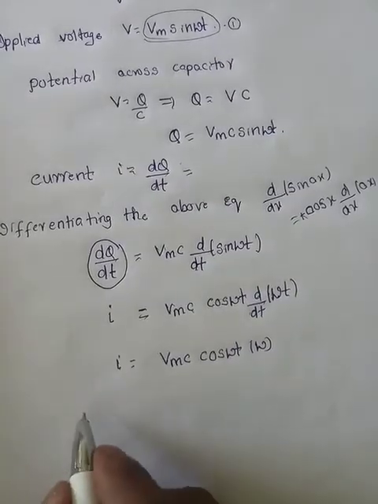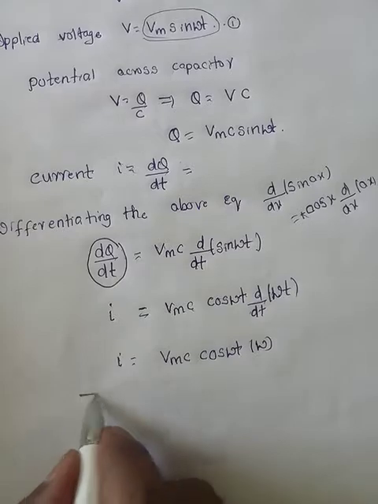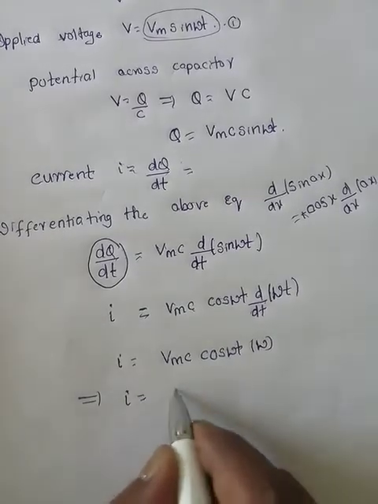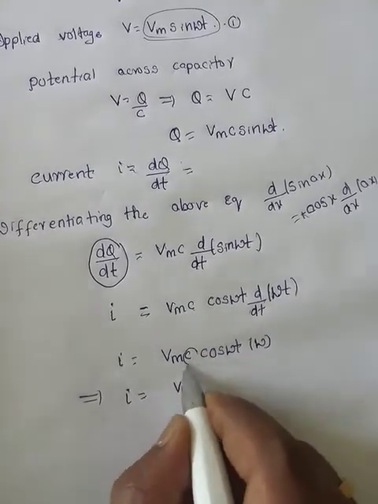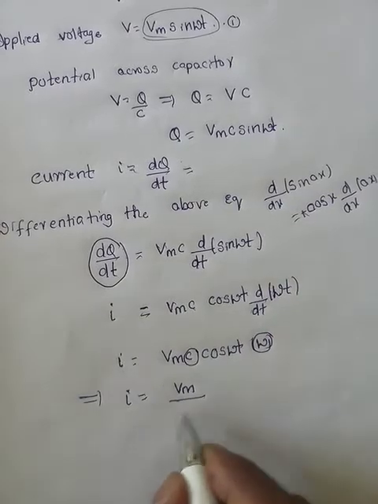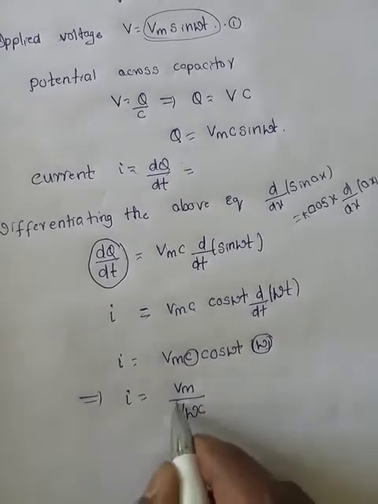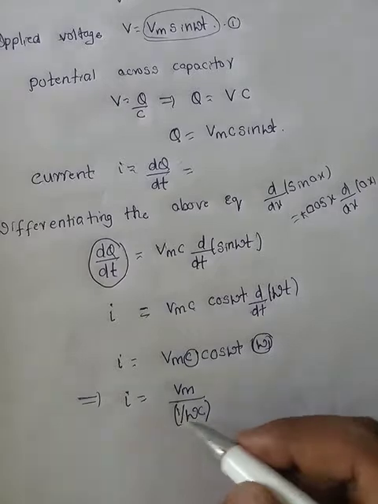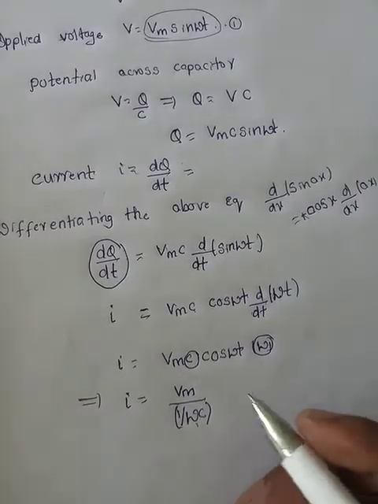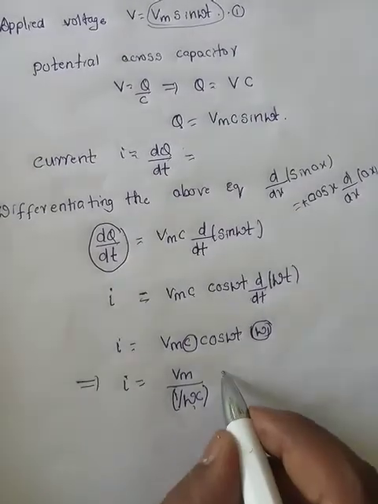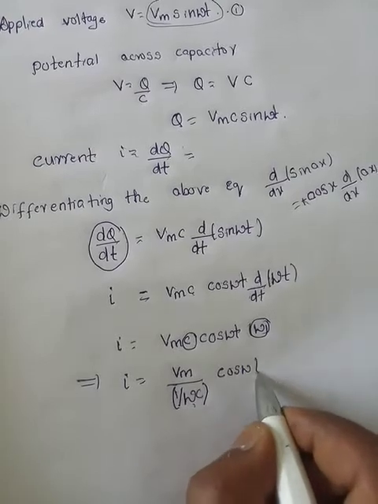I can rewrite this equation as I equals Vm by 1 by omega C, into cos omega t. If 1 by omega C comes to the denominator, omega C goes to the numerator.